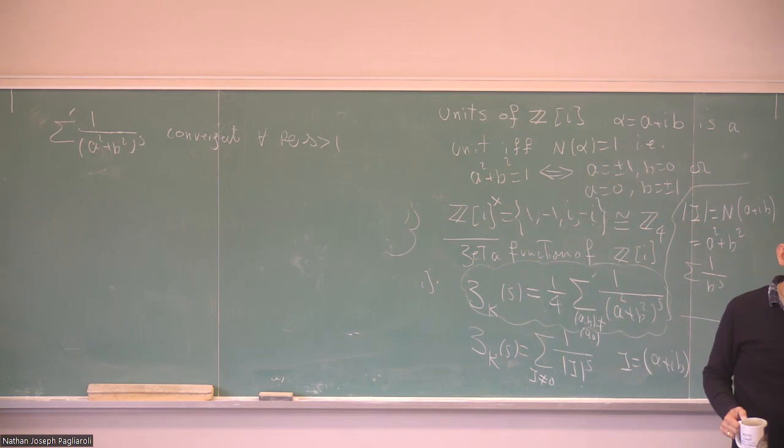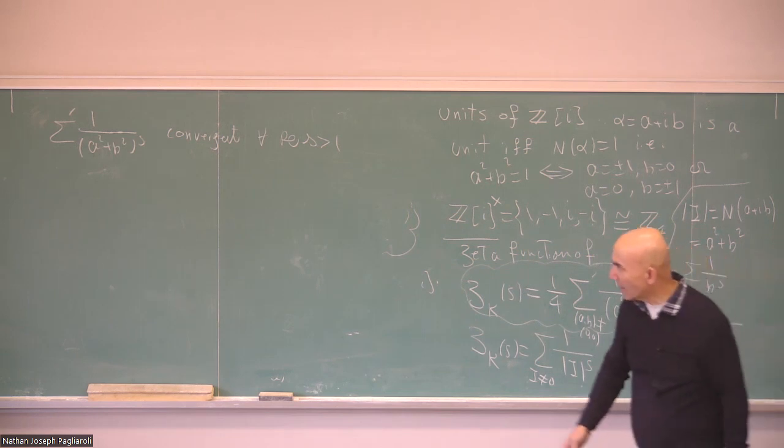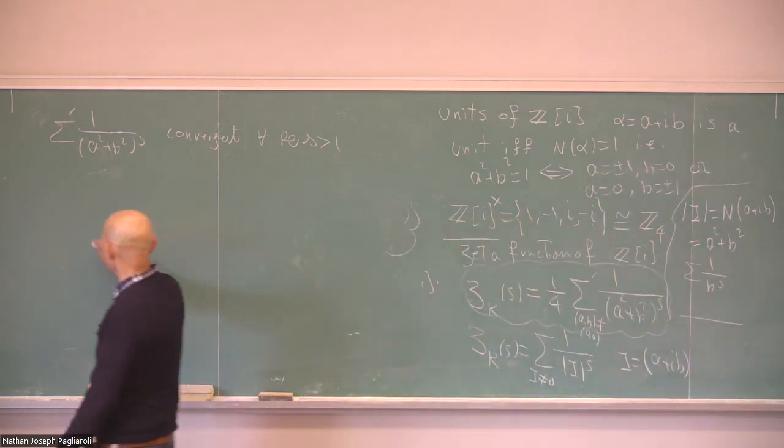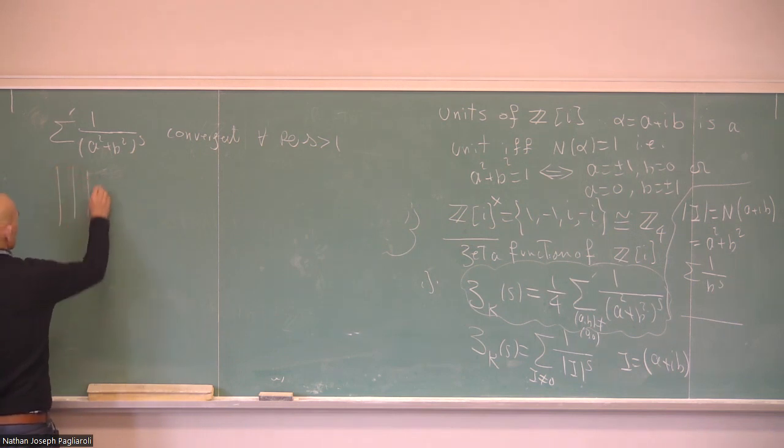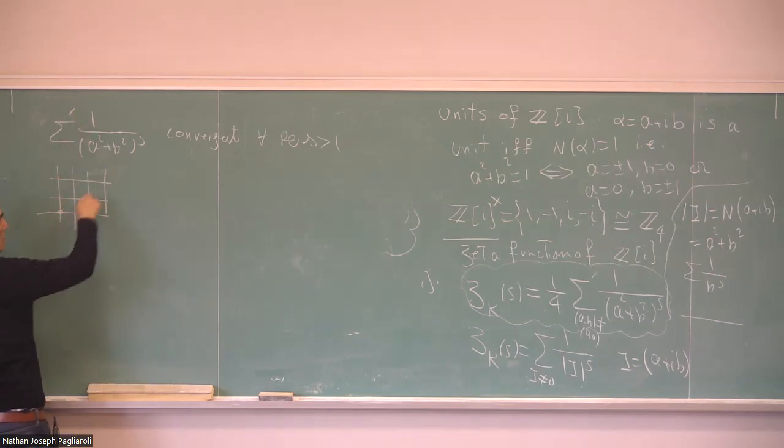You see, we are summing over the integral lattice, except 0, because 0 is excluded since I cannot take 0.